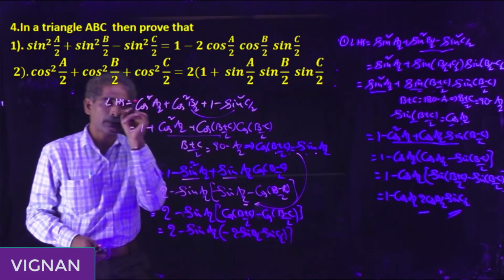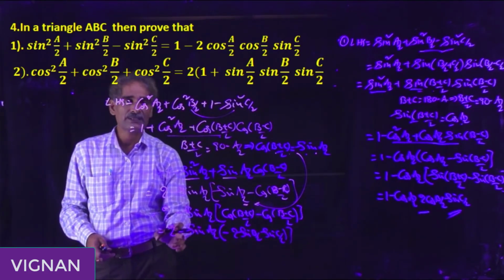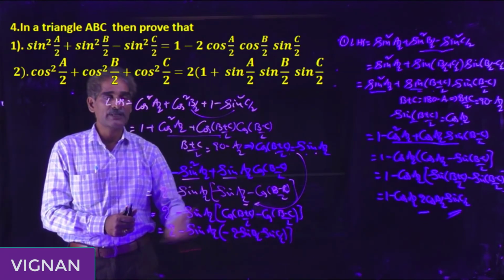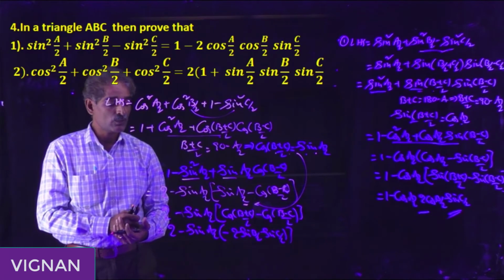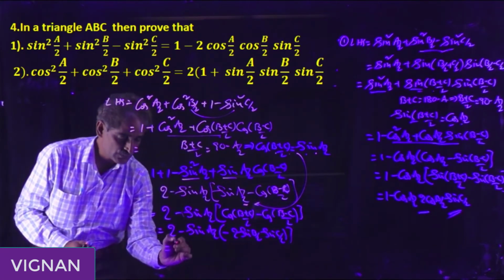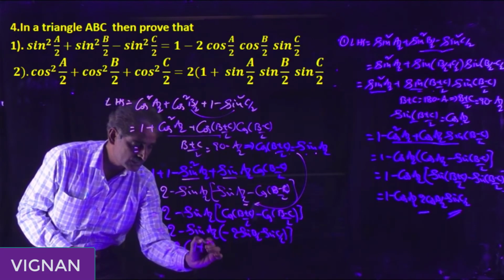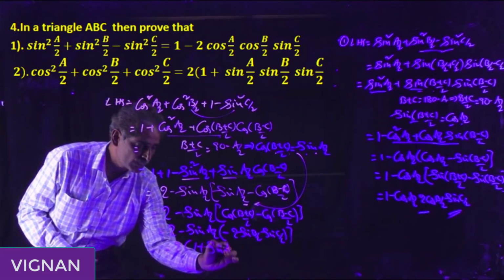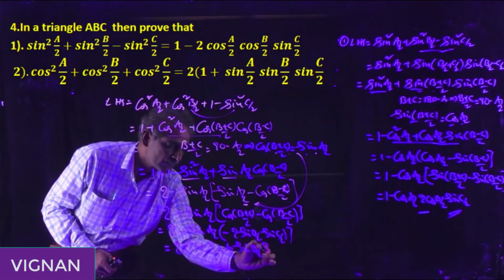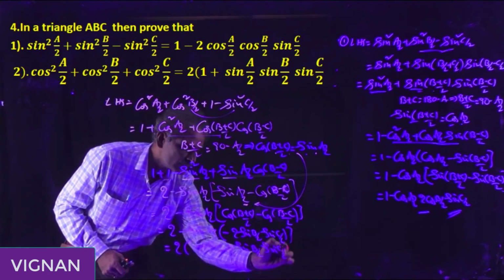Just observe the answer. Here minus minus plus 2 into sin A by 2 sin B by 2 sin C by 2. Just by taking 2 common, we will get 1 plus sin A by 2 sin B by 2 sin C by 2. So from this we can write 2 into 1 plus sin A by 2 sin B by 2 sin C by 2.